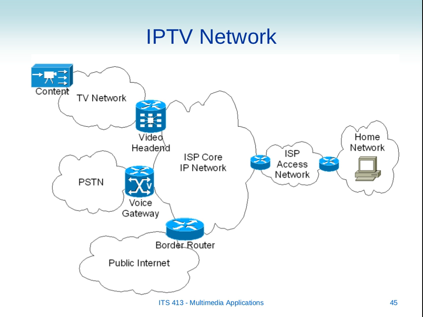Also, multicast is useful inside the core network. We have many subscribers on different access networks. So the ISP has access networks across the country and many subscribers. If they're all watching the same TV channel, then we should be able to use multicast.